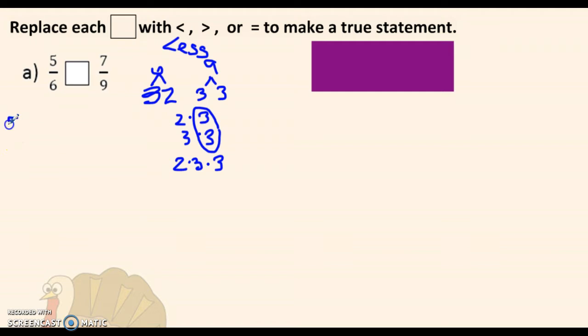I want to make 5/6 become something over 18. And then again, we're going to compare that to what we get for 7/9 as something over 18.